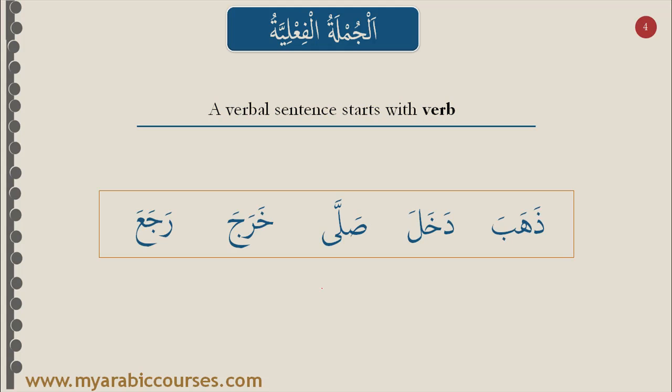So these are examples of verbs in Arabic language. Now I want you to note something here. The first verb I have here is dhahaba. Dhahaba literally in Arabic will mean to go.